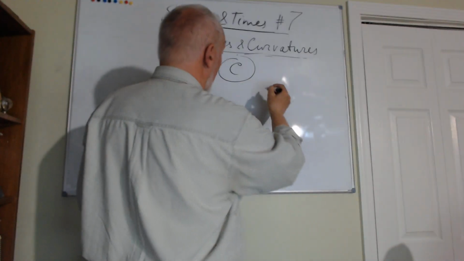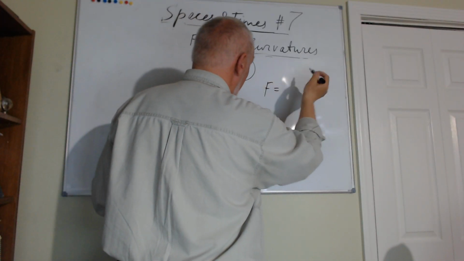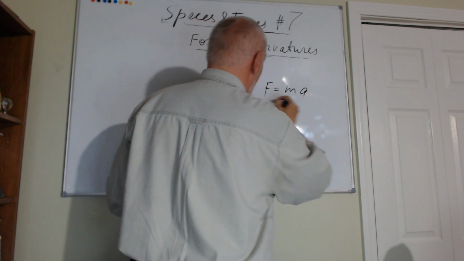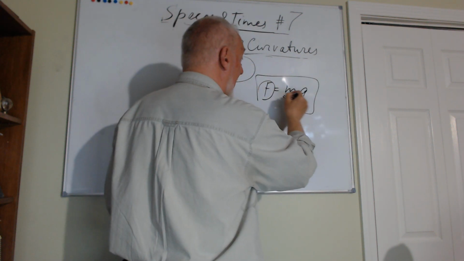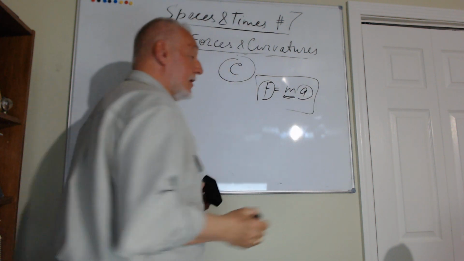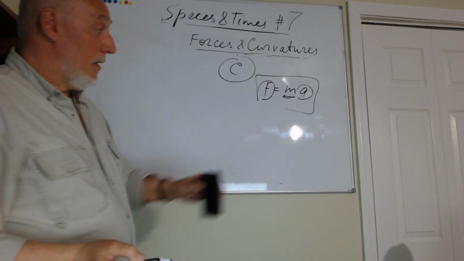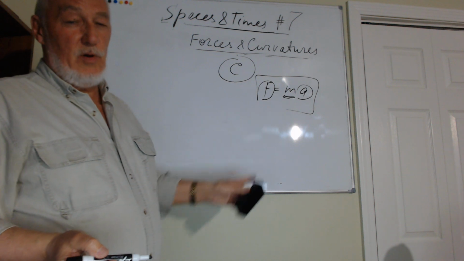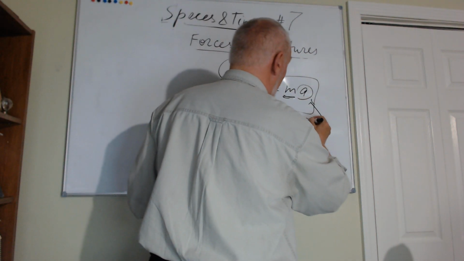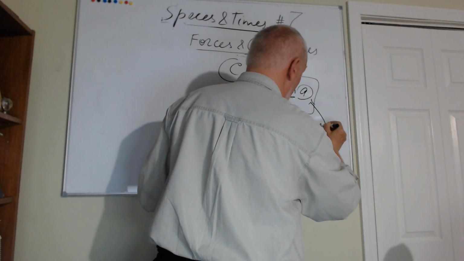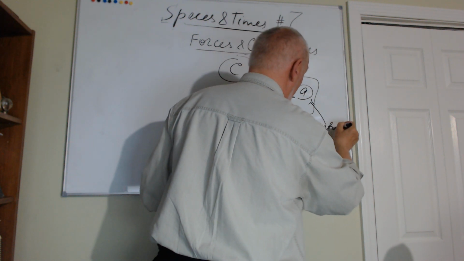Remember the second law, that force is mass multiplied by acceleration? Acceleration, as we saw, actually comes from curvature. So this is the result of curvature. There is no change in speed. This is the curvature thing.